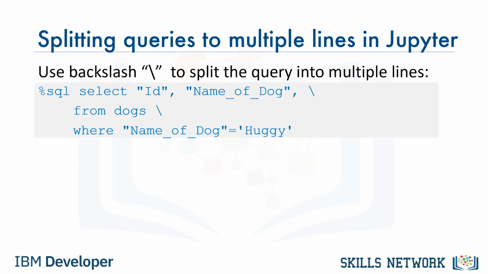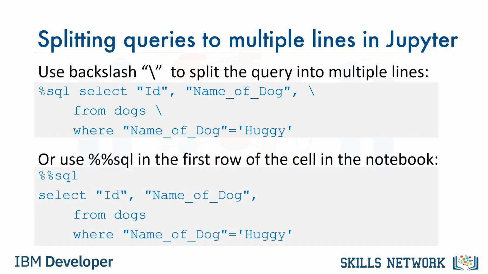It would be helpful at this point to take a moment to review the special characters as shown. Please keep in mind that you might get an error if you split the query into multiple lines in a Python notebook without the backslash.